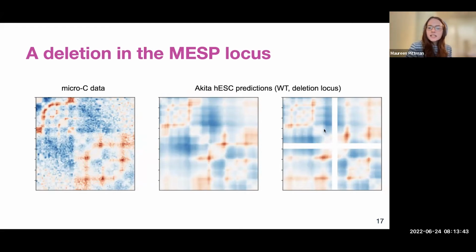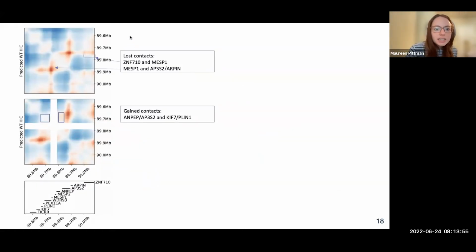And what we find is that a deletion in this region seems to increase chromatin contacts in the MESP locus, potentially losing contacts with MESP1 and some genes downstream and upstream, as well as gaining contacts within this potentially merged TAD.